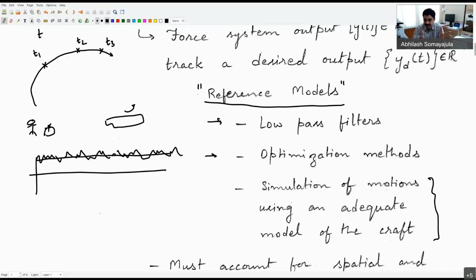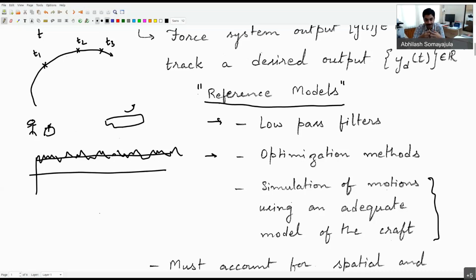So suppose I have a set point regulation, then the guidance system definitely needs an input on the environmental parameters. Is everybody following me? Yes. So it's kind of sitting in between.